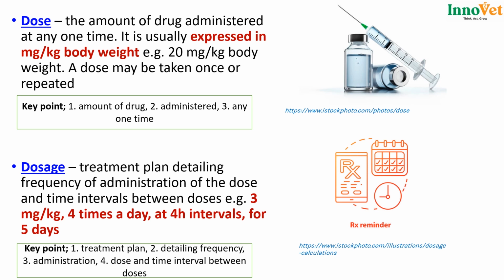So you're looking at for how long are you going to be giving that dose, and after how long should that dose be given. So for example, 3 milligrams per kg should be given 4 times a day at an interval of 4 hours for 5 days. So a treatment plan detailing the frequency of administration of the dose and time interval between doses.